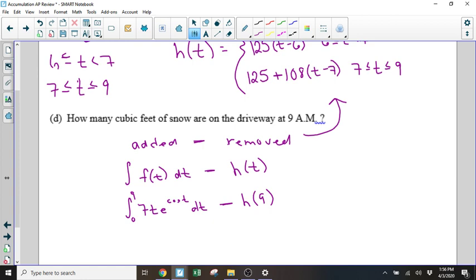And h of 9 we can consult up here: 125 plus 108 times 9 minus 7. Typing all of that into my calculator, we find that we have added and also removed, landing us at a total of 26.335 cubic feet of snow.